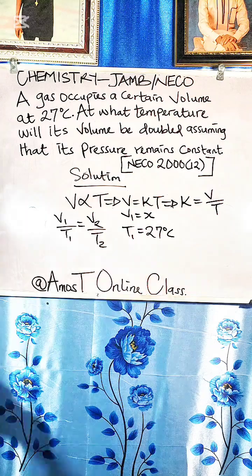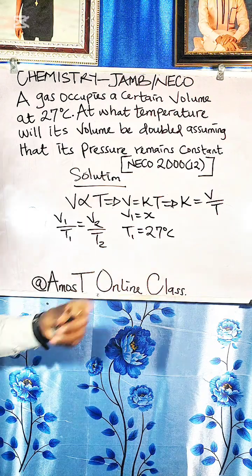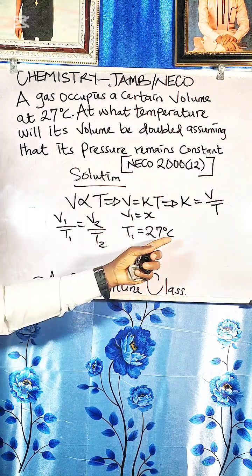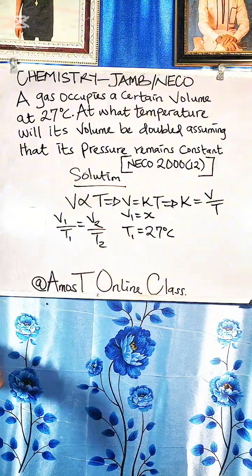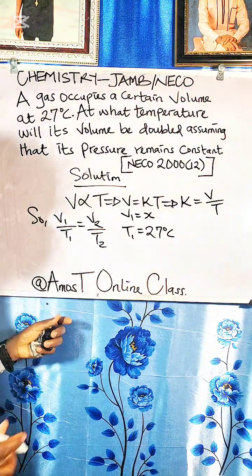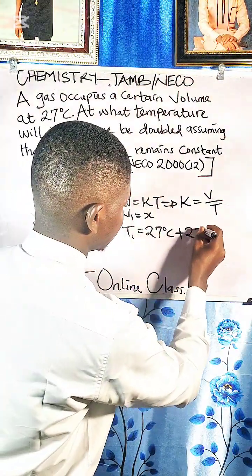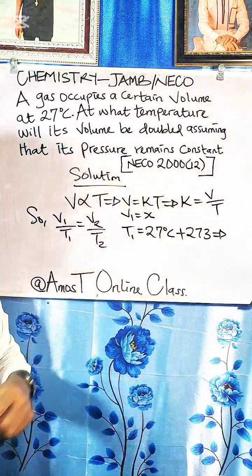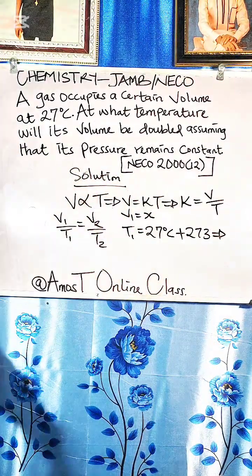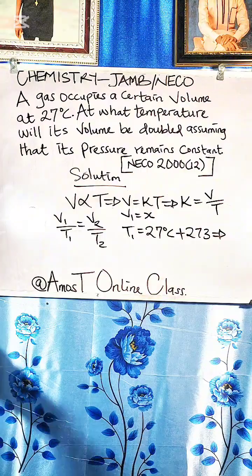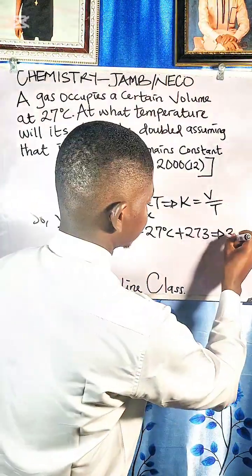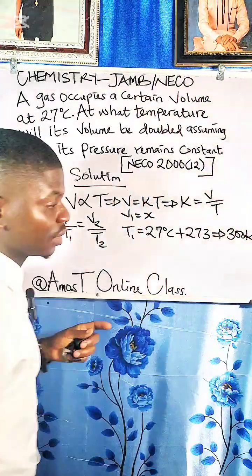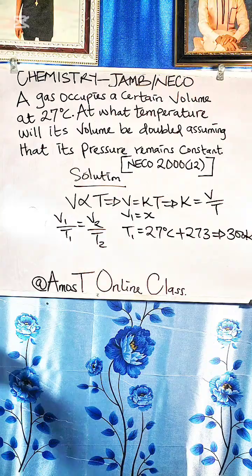So we have to convert 27 degrees C to Kelvin. And how do we do that? We're going to add 273 to 27 degrees C, and our answer will be equal to 27 plus 273, which gives us 300 Kelvin. Okay, so we're done with that.